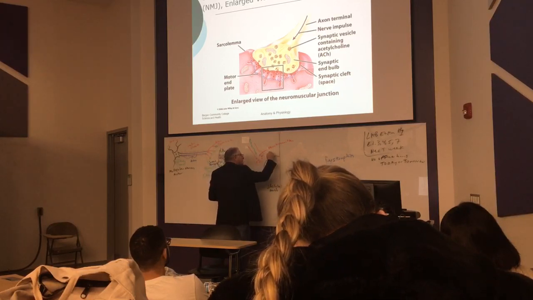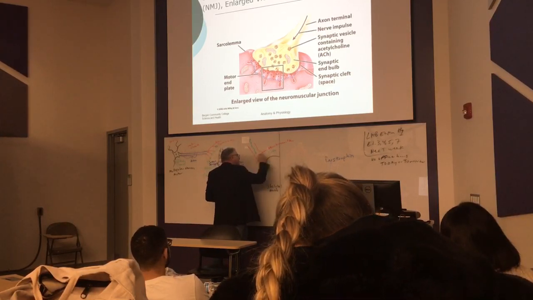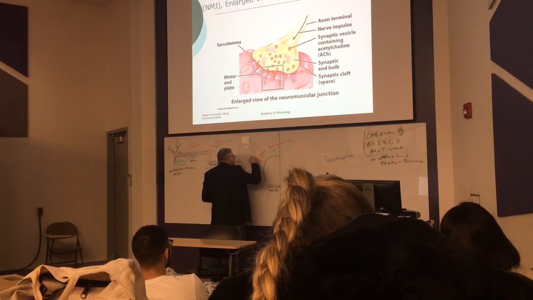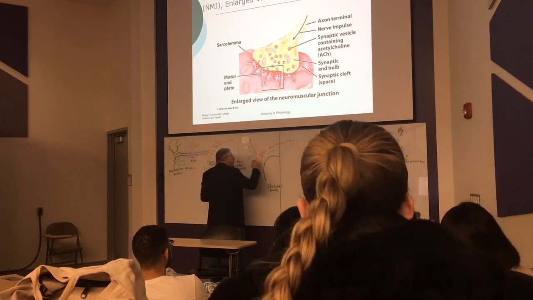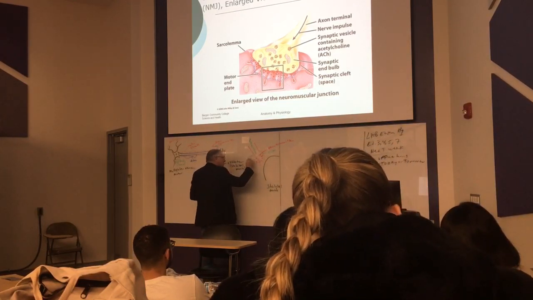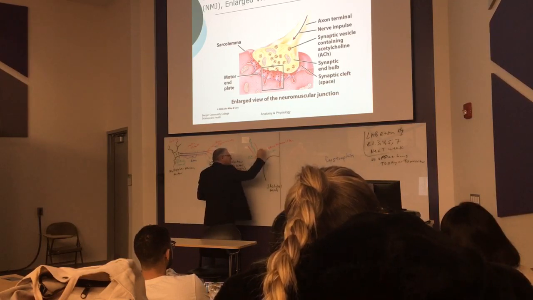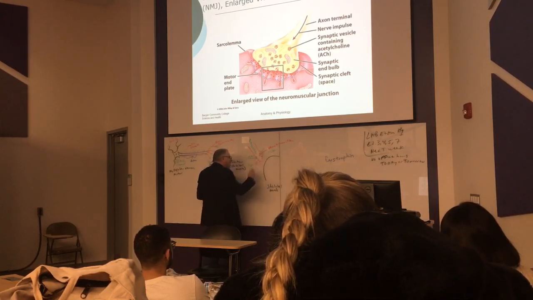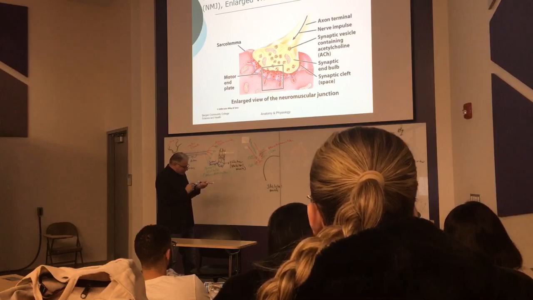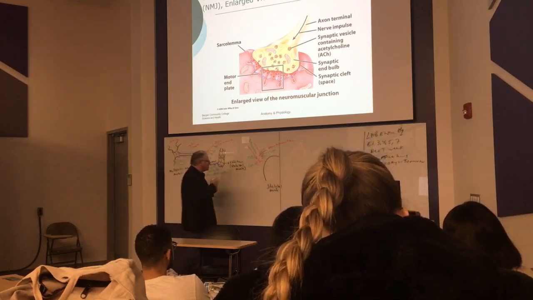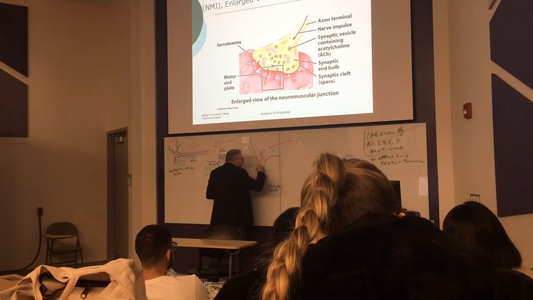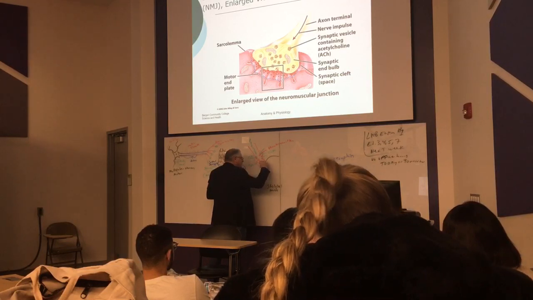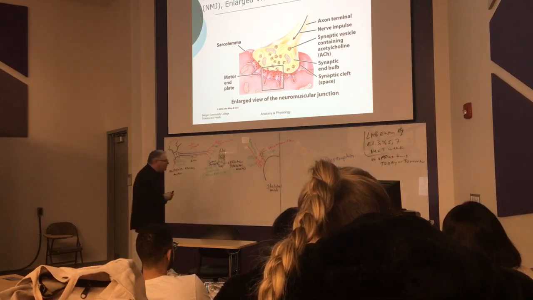We have calcium outside the cell. So when the electrical impulse comes down, it opens the gates, and my calcium can go in there. What the calcium does is it opens up the vesicles, so now all my neurotransmitter can go into my cell.